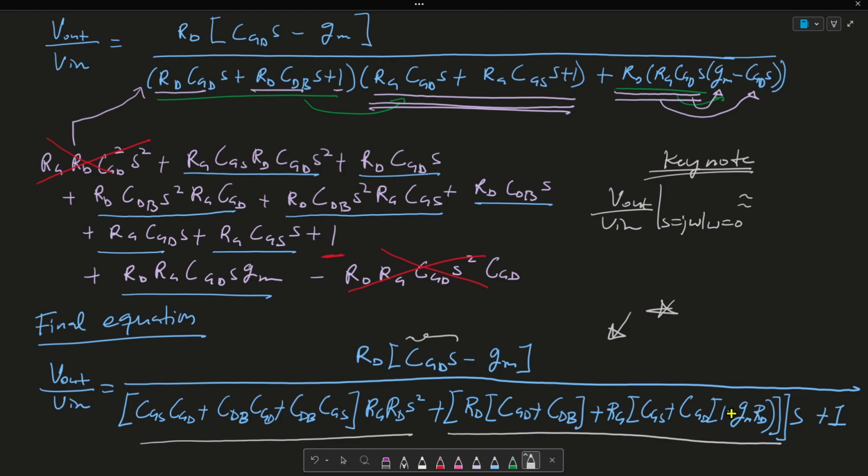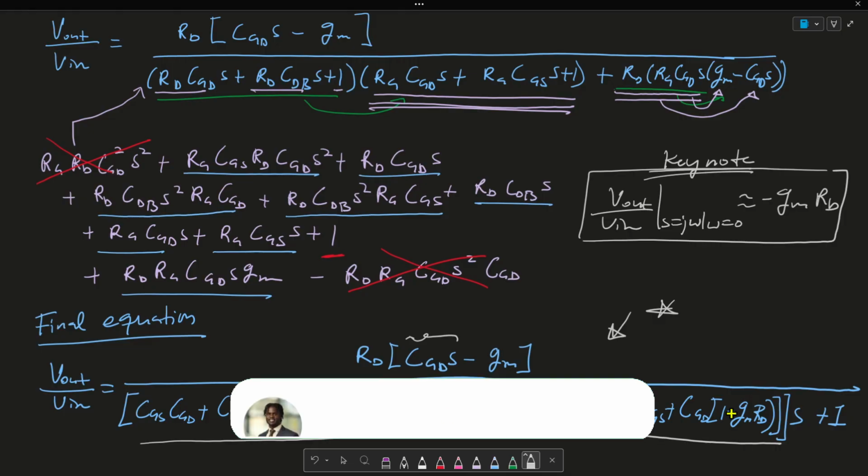So then this is going to be basically close to minus GM RD, which was the answer to the common source amplifier circuit that we solved.